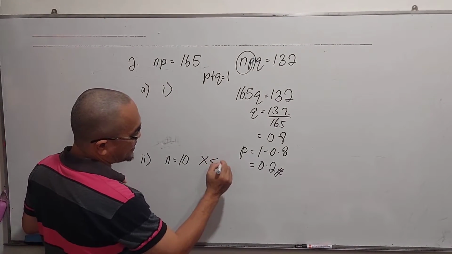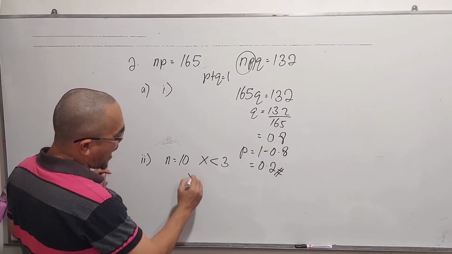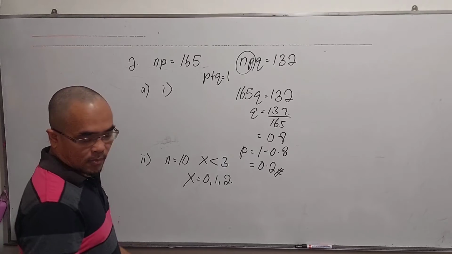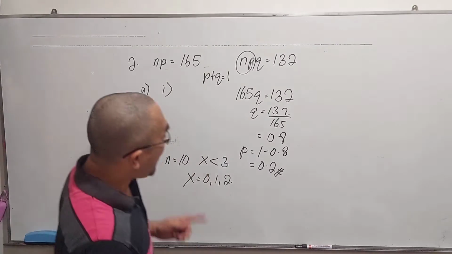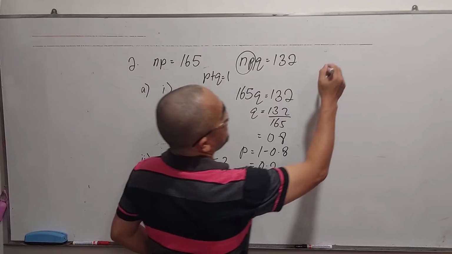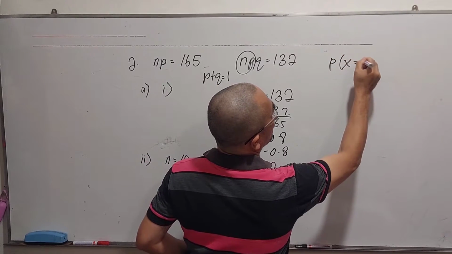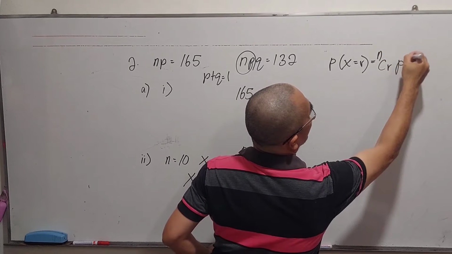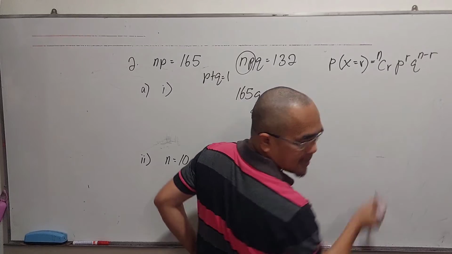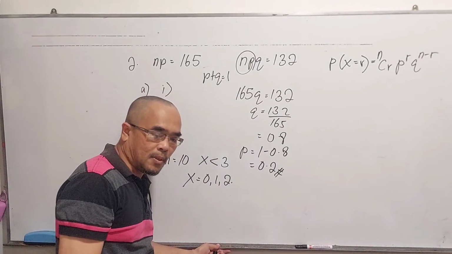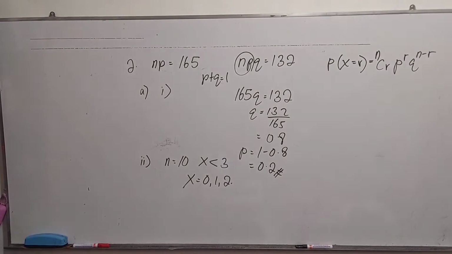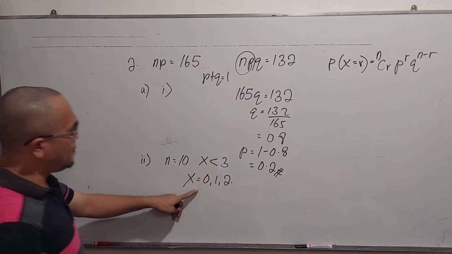X less than 3 means X equals 0, 1, and 2. So you have to calculate using the formula P(X = r) equals nCr P power r Q power n minus r. So you have to calculate this one by one.